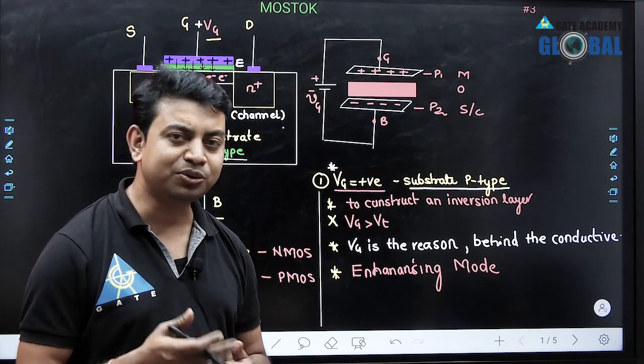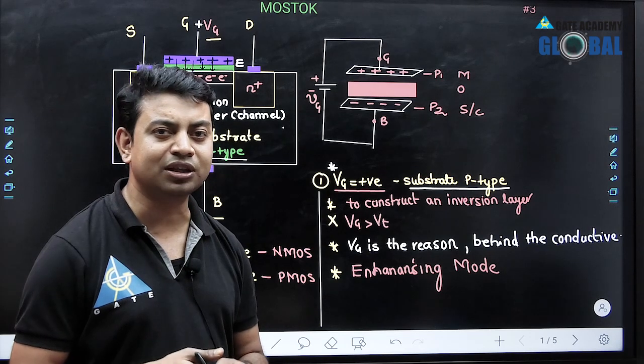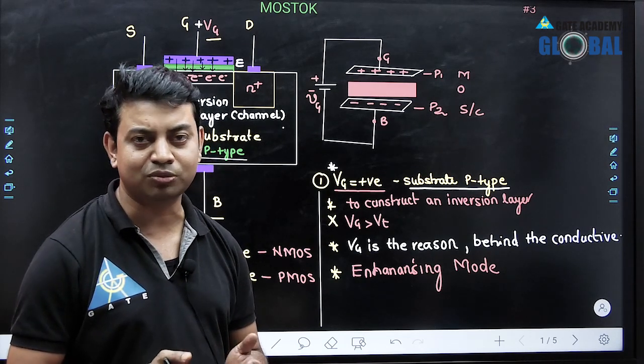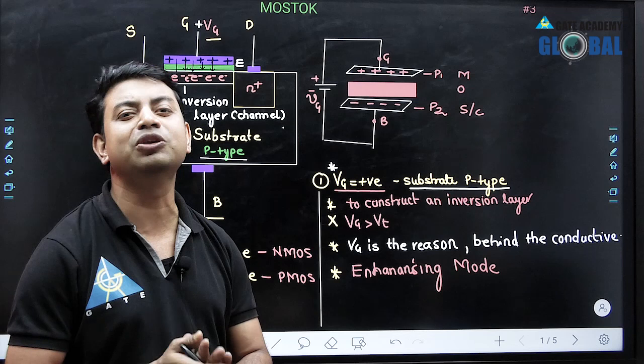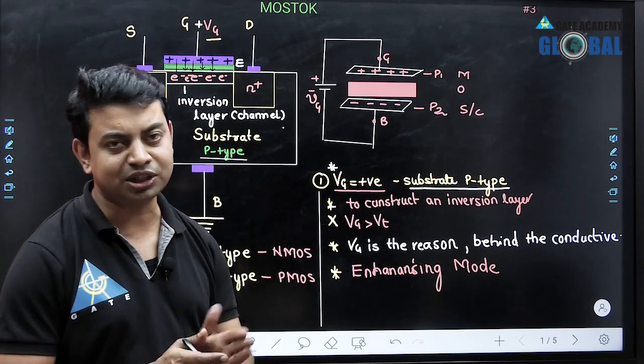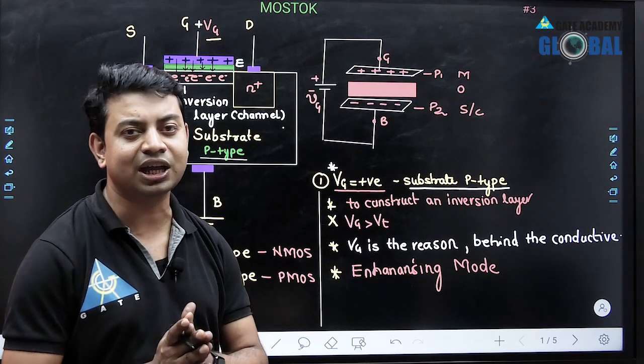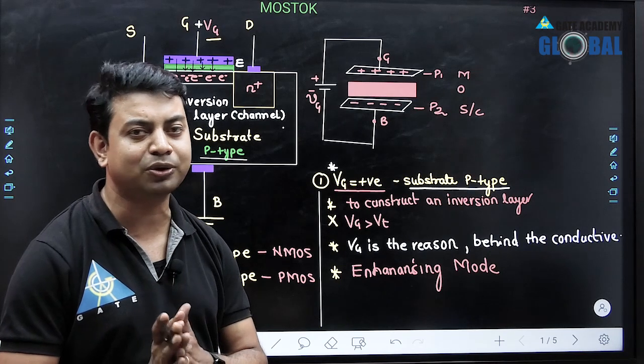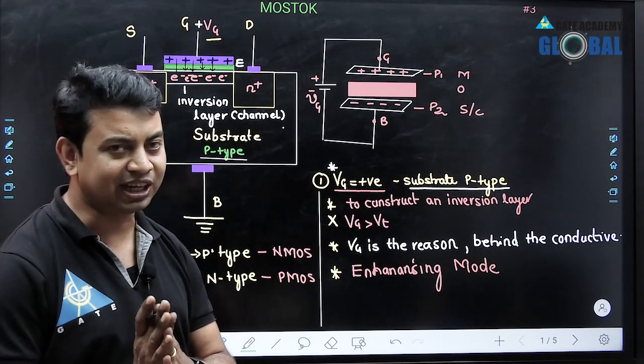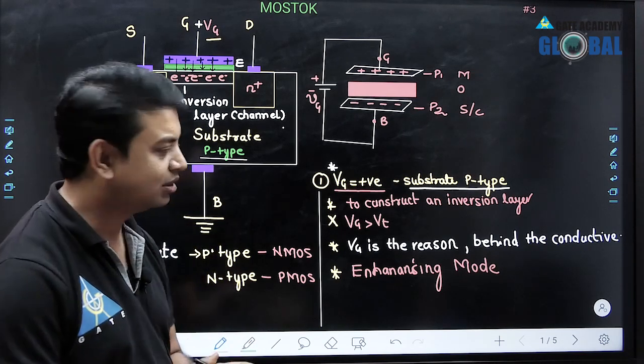So we are using a certain process that occurs in the MOSCAP, but if you are watching this English channel and you are continuously watching from lecture number 1, till now I haven't given you any description about the MOSCAP if you are following Gate Academy global channel.